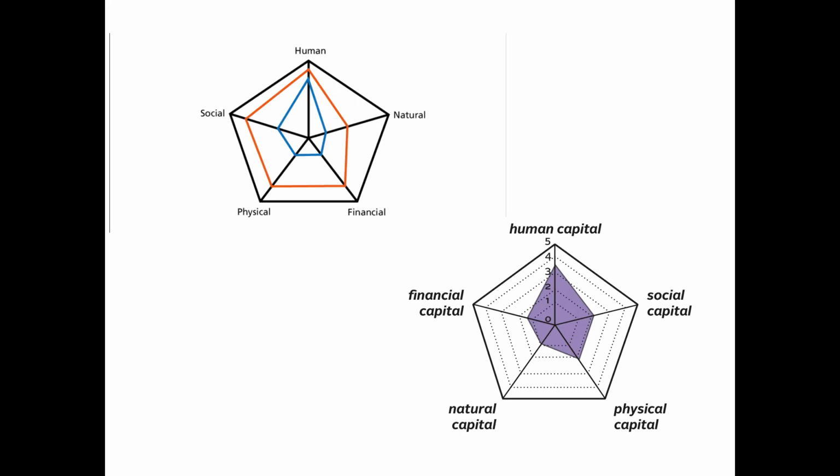In the top left picture, the blue household has only limited access to virtually all assets as compared to the red household. The bottom right picture typically depicts a poor urban household with limited access to natural and financial capital and their own labor, that is human capital, as the main resource.